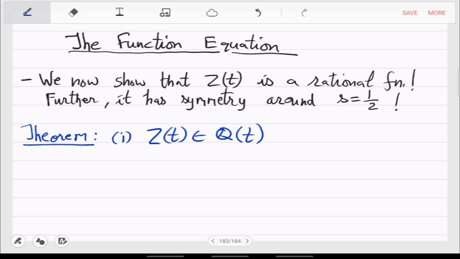Because they actually happen to be transcendental. So you can't really set up algebraic equations. So it's a very, very special thing that this happens. This converges in Q of t. So this is the answer to analytic continuation.